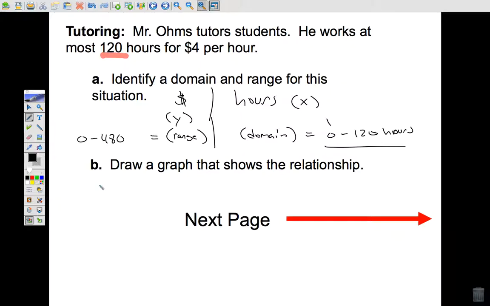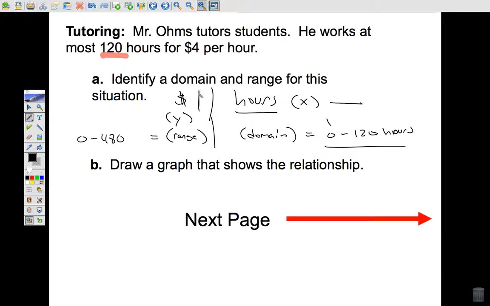Now I'm going to go to the next page. I have a graph done out for us. Remember some of the things we just talked about. We've already identified that the independent variable will be hours, which represents the domain. That's going to be on the x-axis, which is the horizontal axis. The dollars, or the amount of money earned, is going to be on the vertical axis, which is the y, which represents the range.